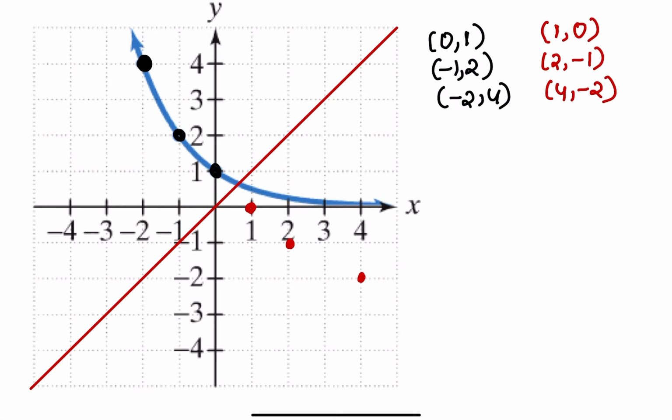So your graph goes something like 4, -2, this way. Let me make it thicker so you can see.